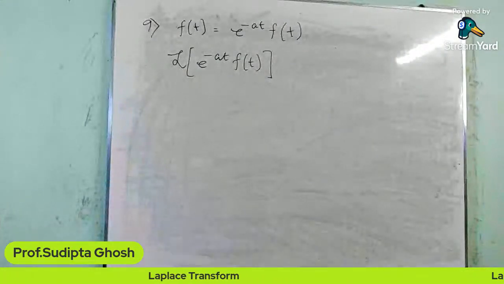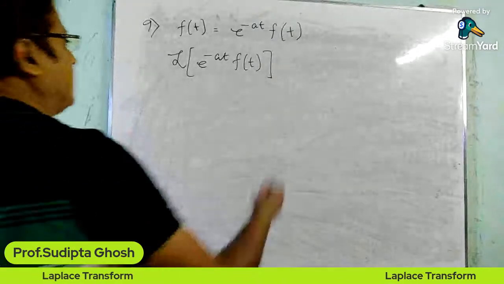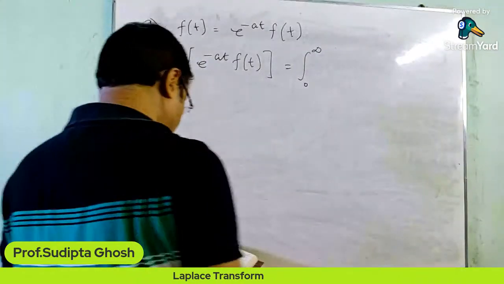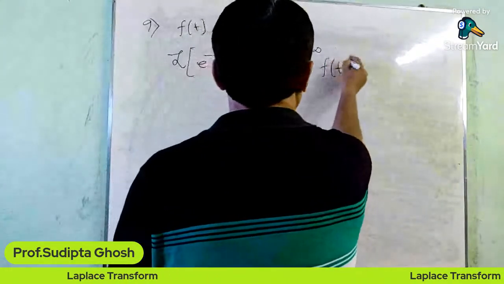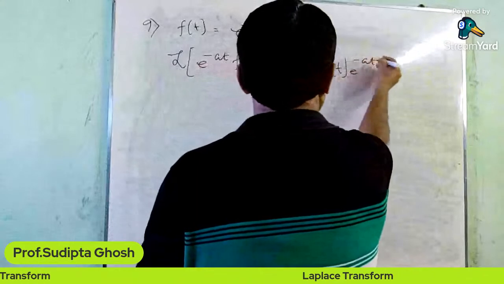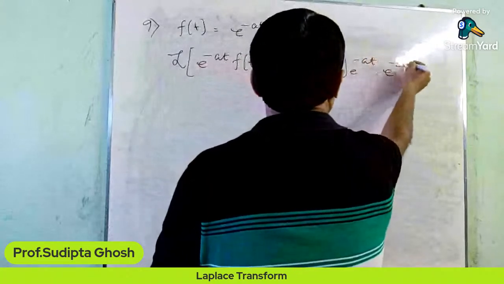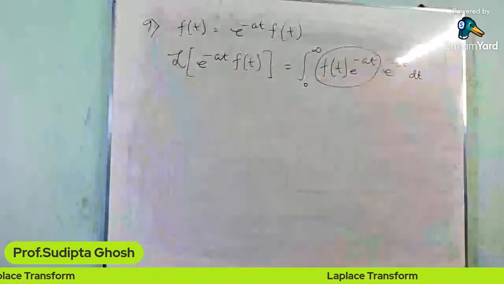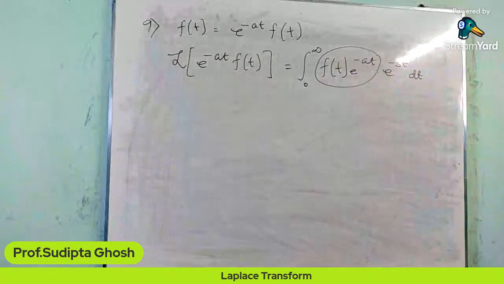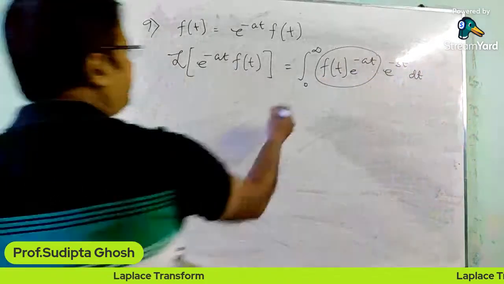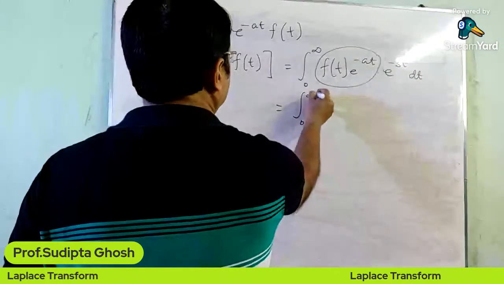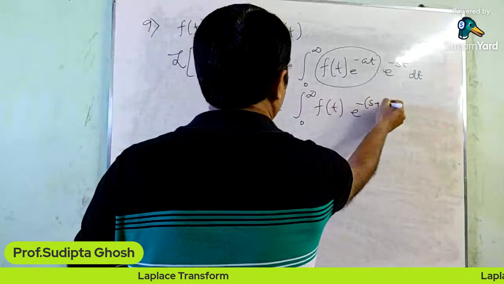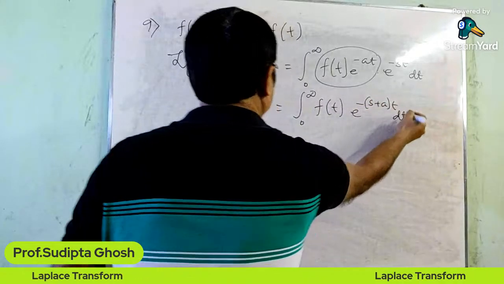Now by following the definition, we can write it as integral 0 to infinity f of t e to the power minus at into e to the power minus st dt. So this is the new function value. So we can write it as integral 0 to infinity f of t e to the power minus (s plus a) t dt.